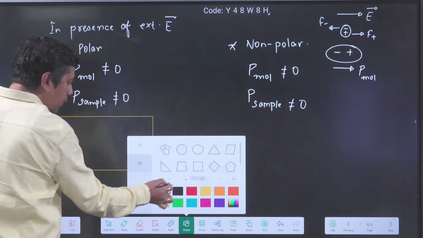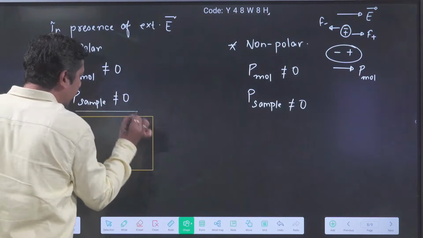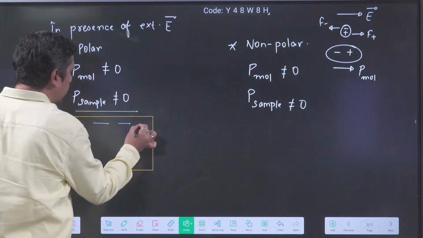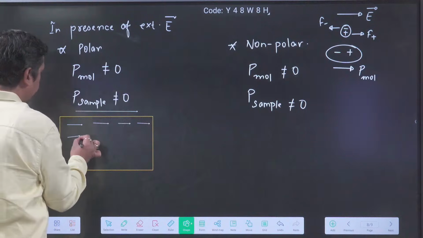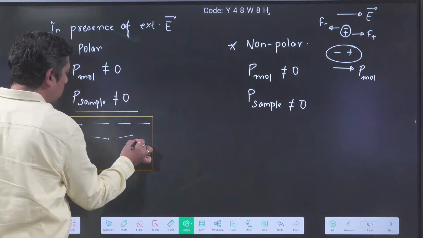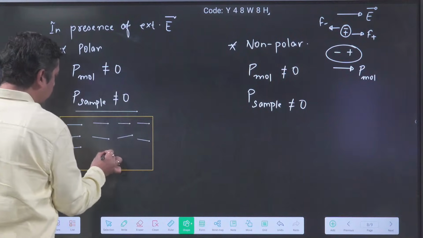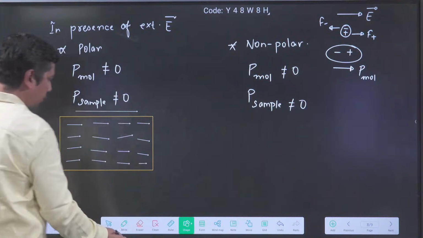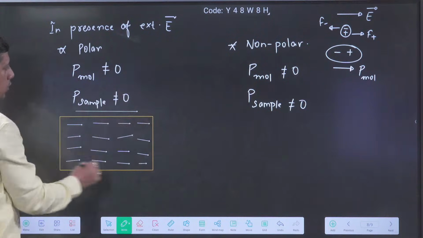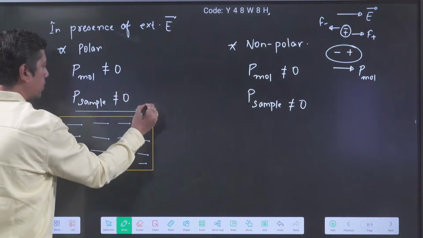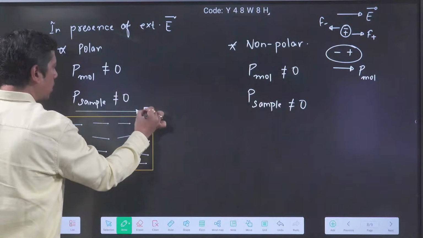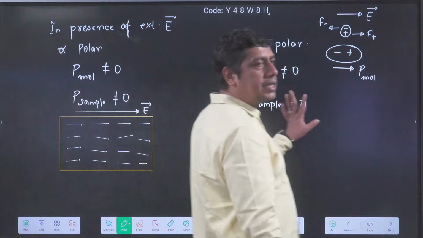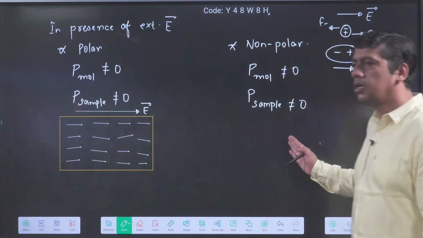So if there is a field along, let's say, the right side, then the molecules will be like this, not completely right, somewhat little up and down, but more or less. If you find P sample now, it will be non-zero. P sample will be non-zero, and the same diagram will be here.